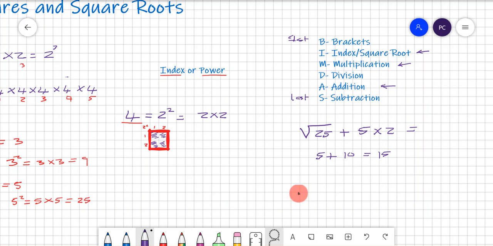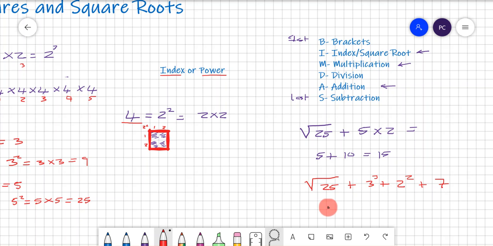Another example, if I was to say something like this, let's say the square root of 25 plus 3 to the power of 3 plus 2 to the power of 2 plus 7. Again, I have to do these first, before I start adding them together.